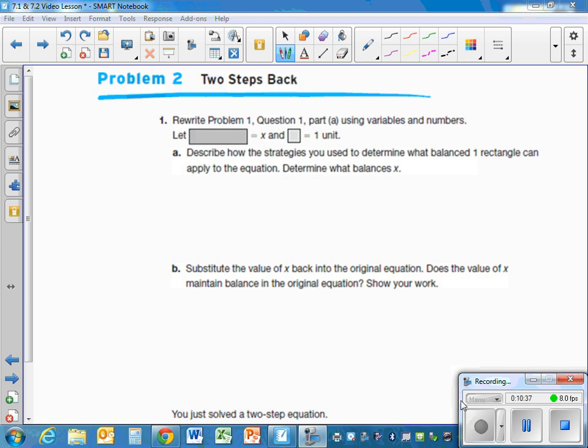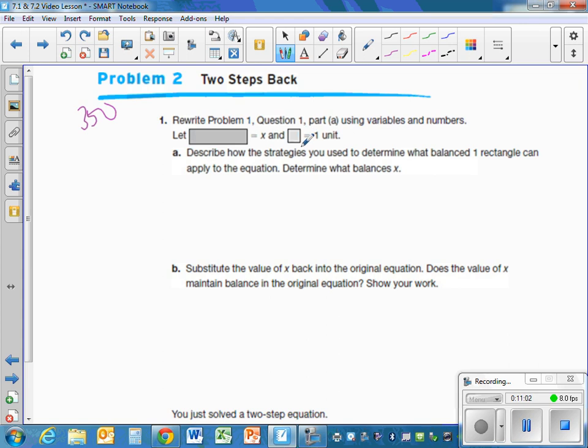Alright, I am now on page 350 in your book. Number 1 says, rewrite problem 1, question 1, part A, using variables and numbers. So we're just going back a couple pages to question 1A, and in that question you can see the scale, and it wants you to represent the rectangles with an x and just the little squares with the numbers 1.